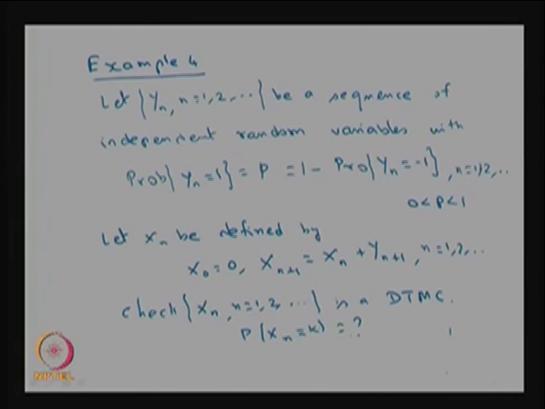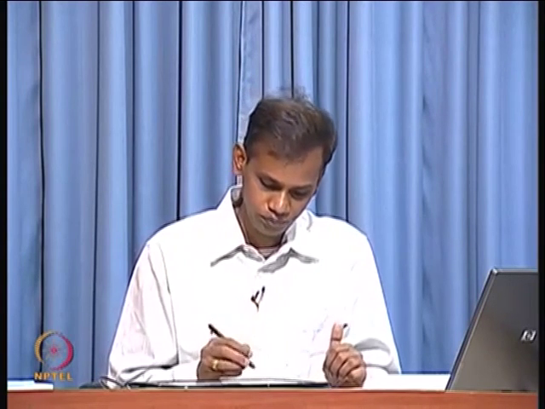We started with one stochastic process and we define another stochastic process with the earlier stochastic process, and check whether the new stochastic process is a discrete time Markov chain, that is a time homogeneous discrete time Markov chain. If so, then what is the probability of X n takes a value k? That is nothing but find out the distribution of X n. So, how to find out this?